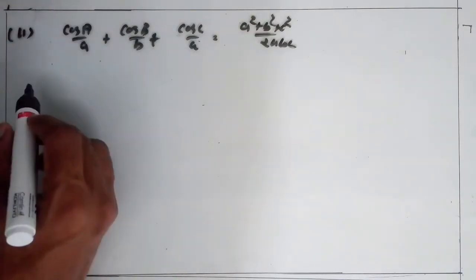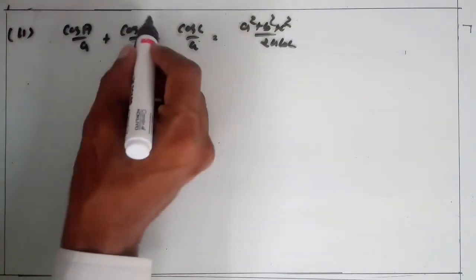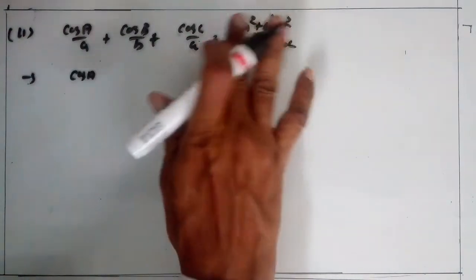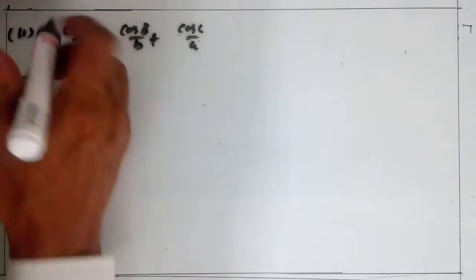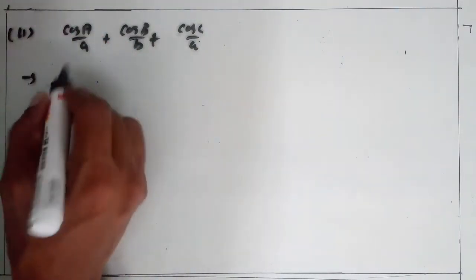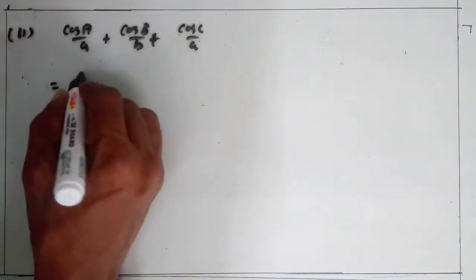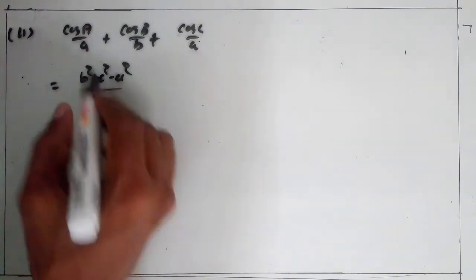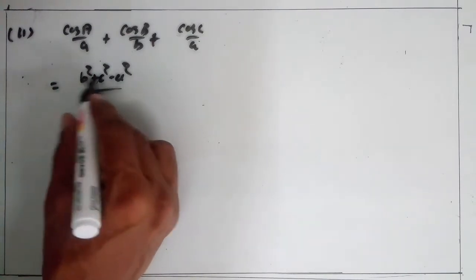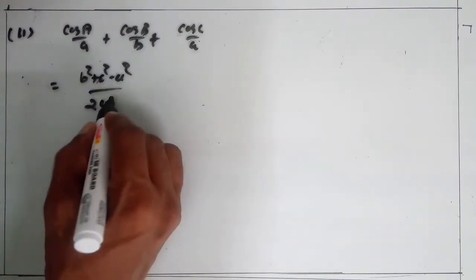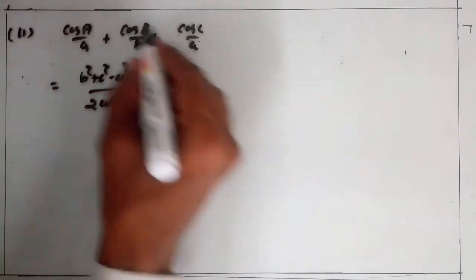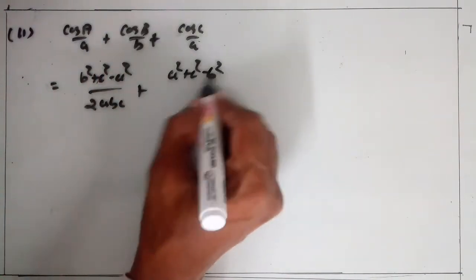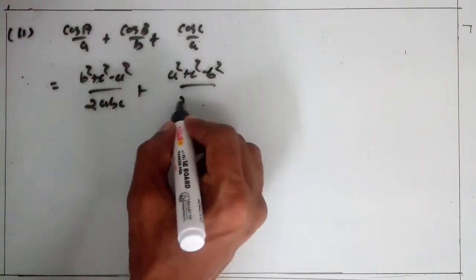Here apply the formula of cos A, cos B, cos C. So cos A is equal to (b square plus c square minus a square) upon 2bc into a, that is 2abc, plus cos B is equal to (a square plus c square minus b square) upon 2ac into b, that is 2abc.